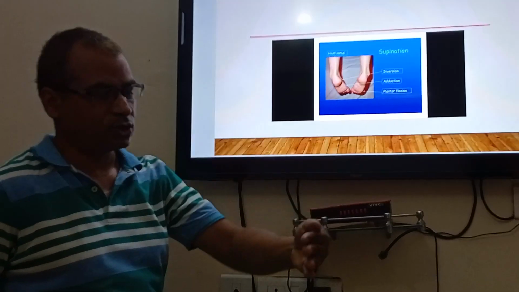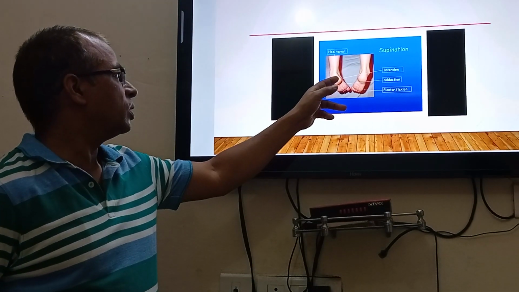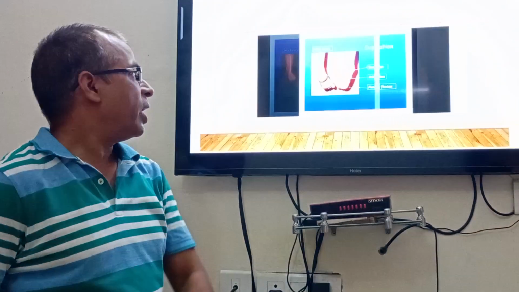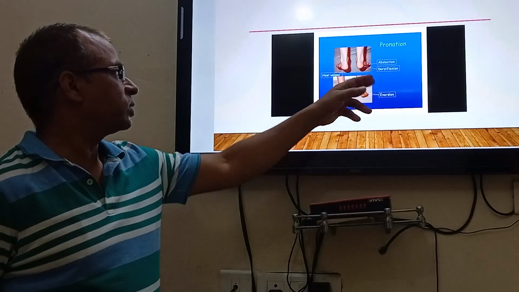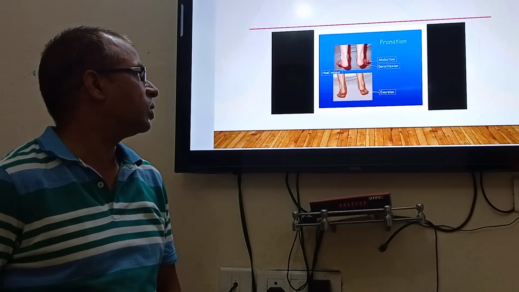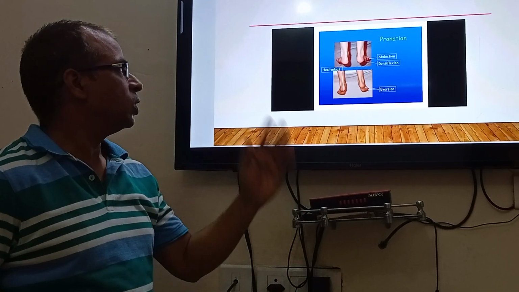If the foot is supinated, then the heel goes into varus, and there is inversion, adduction, and plantar flexion. And just opposite is pronation. Here there is abduction, dorsiflexion, and eversion, and the heel goes into valgus. So it is opposite to supination.